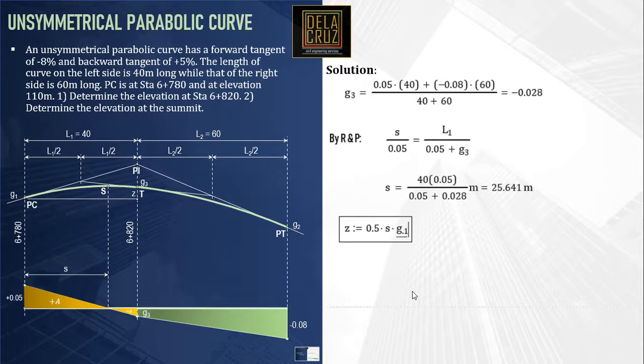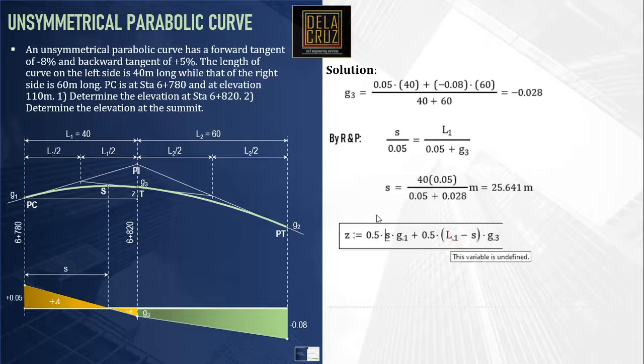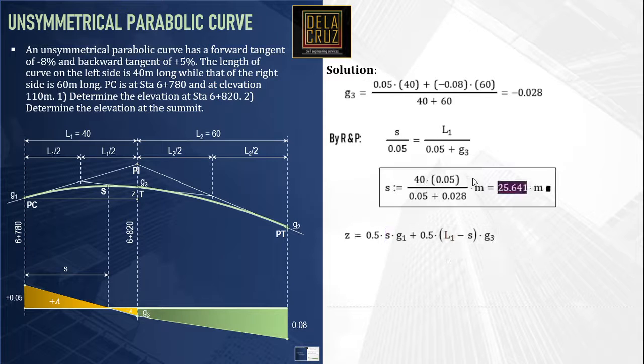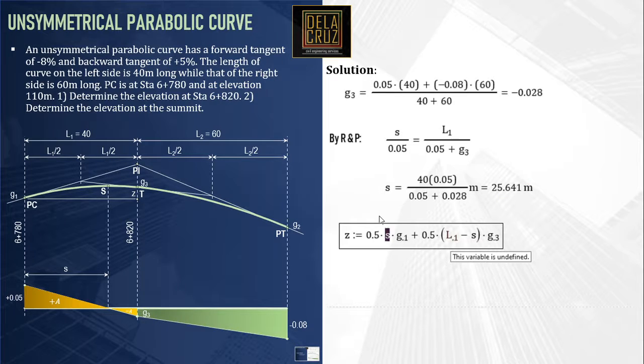The next figure is also a triangle. The base of this triangle is L1 minus s, multiplied by, of course, G3. So we just need to substitute. The value of s is this one.